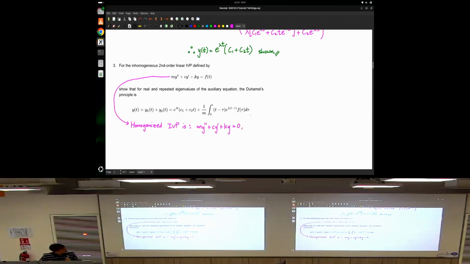But the f of t, you plug into the initial condition. Because when we plug into the initial condition, we must plug into the initial velocity. So y(0) equals 0, and y'(0) must be f(tau) over m d tau. This one I just copy from here.